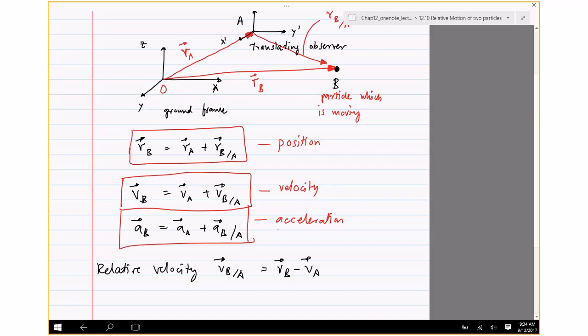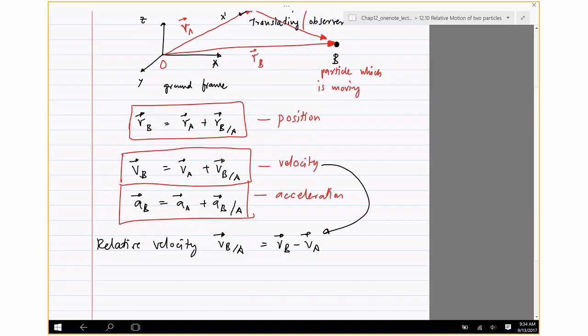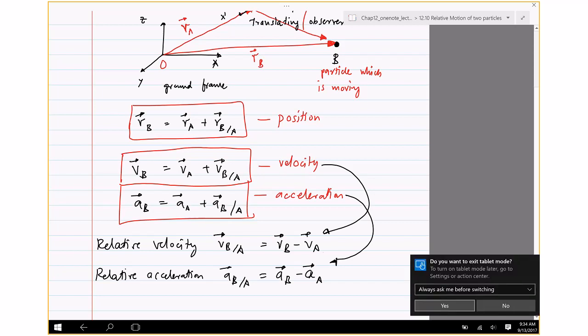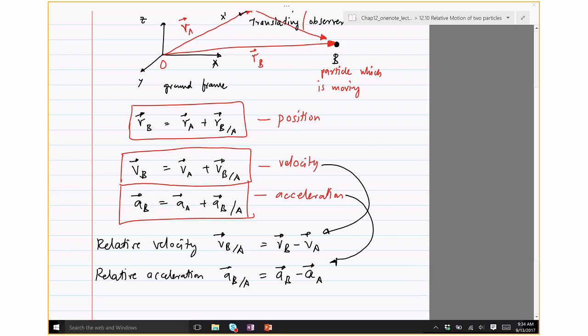How did I get that? Well, I just used this formula, I just move A to the other side. And then the relative acceleration, A, B with respect to A, I got from the acceleration formula. Okay. So this will become clear when we do problems.